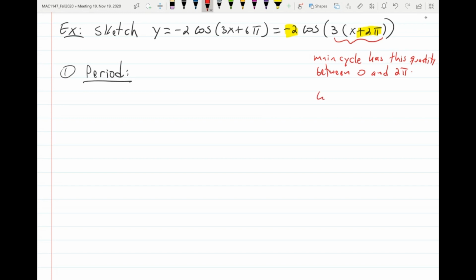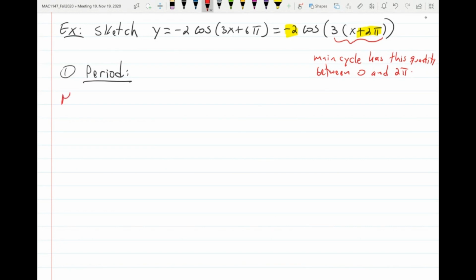Okay, because remember, the basic function is cosine of x, and the main cycle is when x is between 0 and 2 pi. Now we're just changing x by whatever is happening inside that argument. So let's use that information to figure out the location of the main cycle.